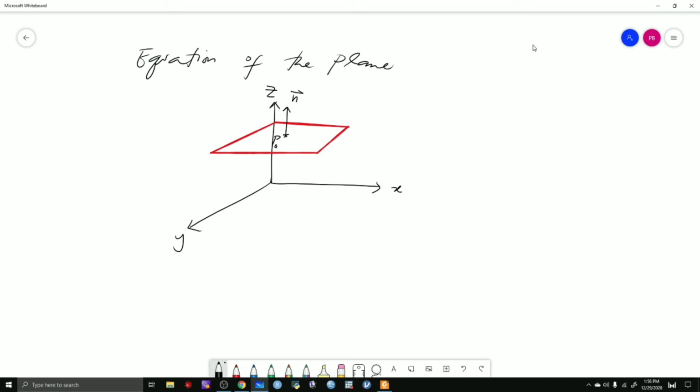Now, if we have an arbitrary point P, let us connect it. So we have this 90-degree angle.